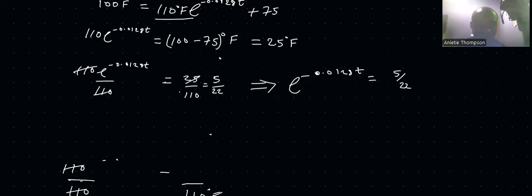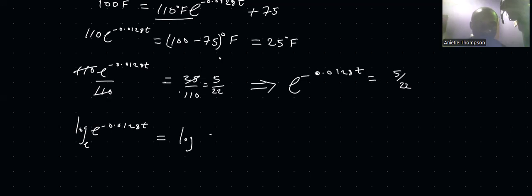So we have log base e of e to the minus 0.0128 t equals log base e of 5 over 22.